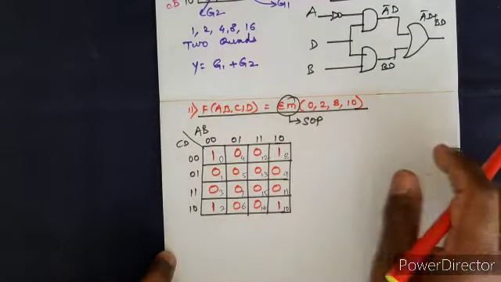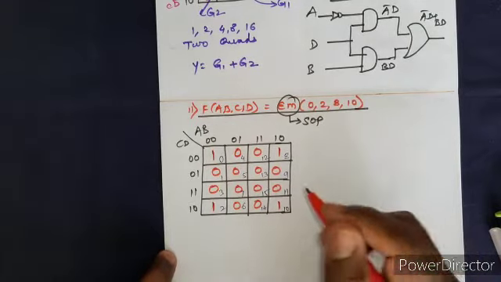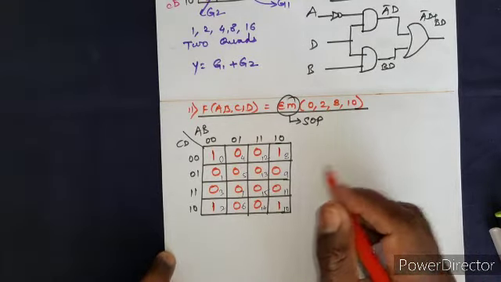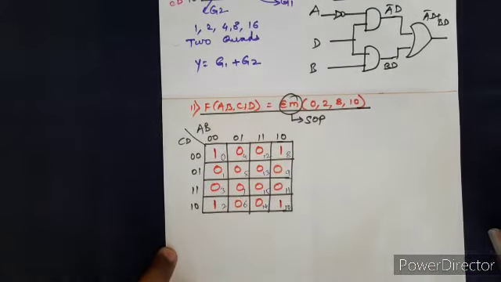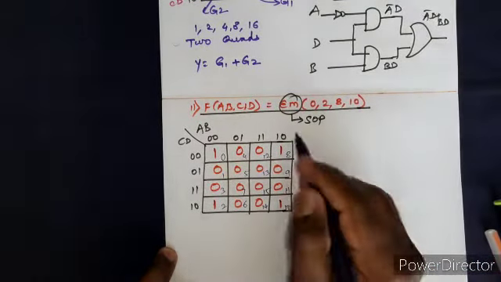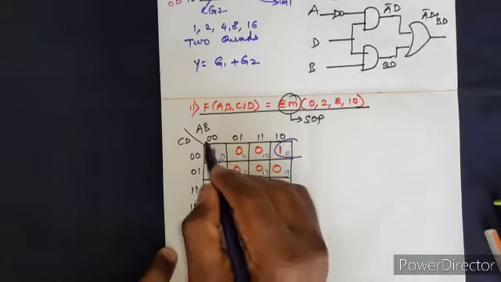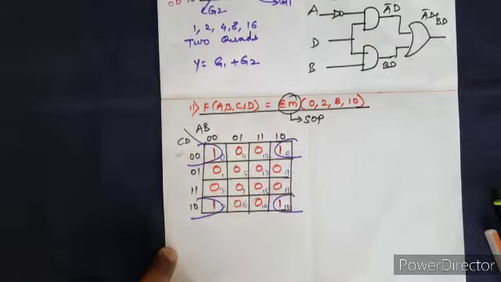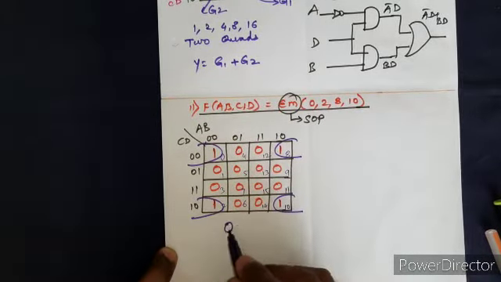Now each corner cell is adjacent to each other corner cell, right? So the group formed here is this way. Now it's not a single one, it is a quad.